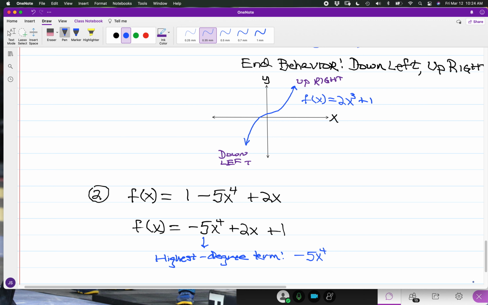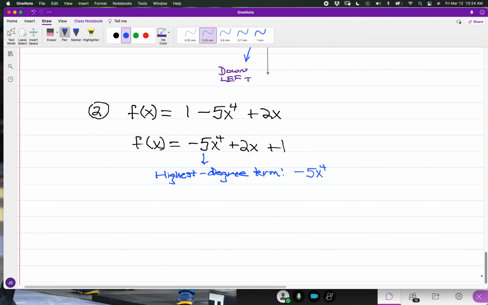So we have negative 5 times the x to the 4th. And again, with the leading coefficient, a of n is negative 5. And for the degree, n is equal to 4.